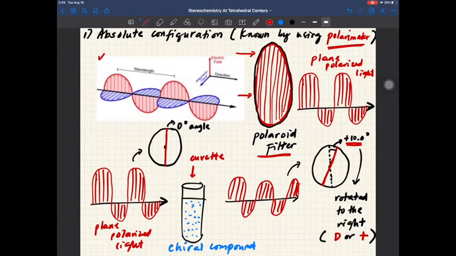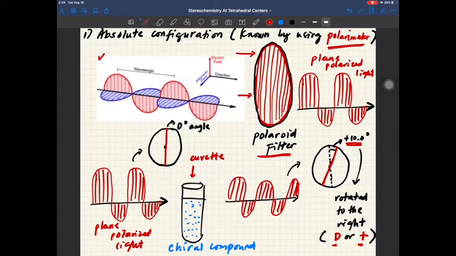In absolute configuration, when your plane polarized light is rotated to the right, it is designated the notation plus or D. D means dextro-rotatory, which also implies that the rotation of your plane polarized light is to the right.